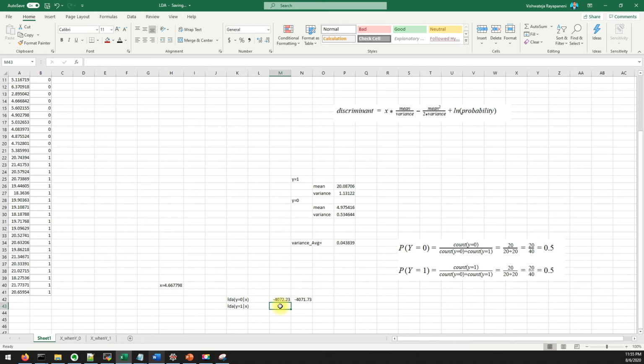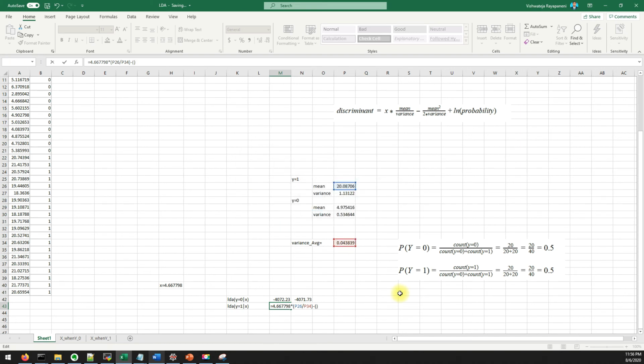Same, so I need to do 4.667798 into, what is my mean when y equal to 1? It is 20, right? Okay, I did not put the equal sign here. My y equal to 1, my mean is this, divided by my variance, minus mean square.